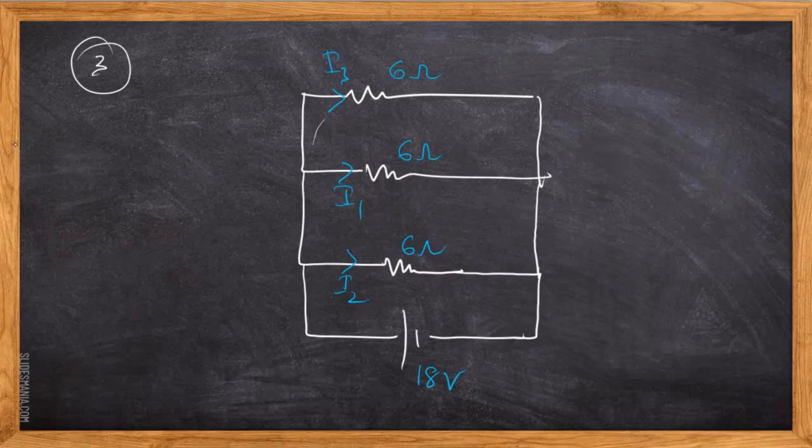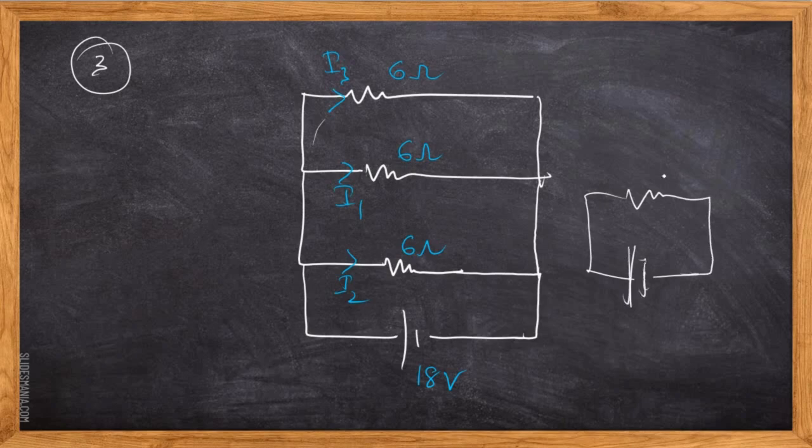Right, so they're asking us to find all these three currents, and 18 volt, that's the cell. So basically we can see these 6 ohms and all these three resistors are in parallel, right? So what I can do is I can add them for sure, and then I'll get the circuit.